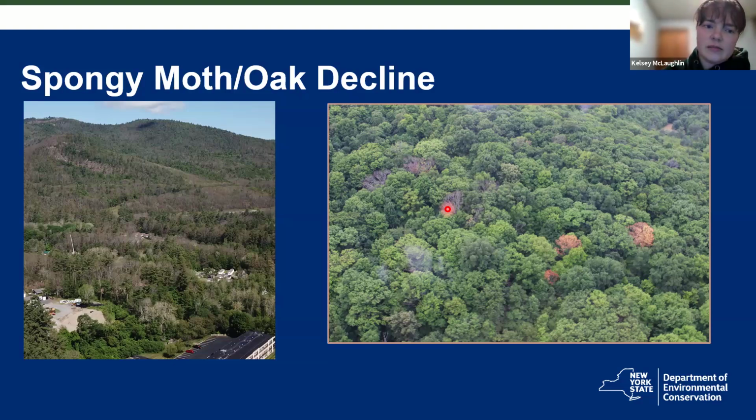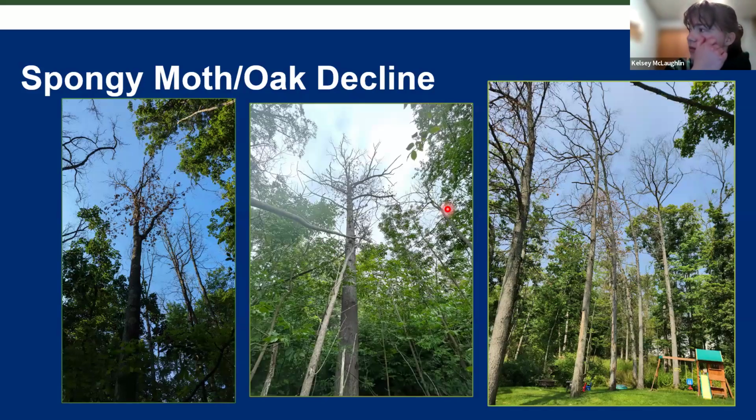So oak decline is kind of a combination of stresses that can take out a lot of trees over a large area. In this case, it's spongy moth defoliation coupled with tree age, coupled with poor soils, coupled with drought. All those things kind of working together create these mosaics of dead trees across the forest.